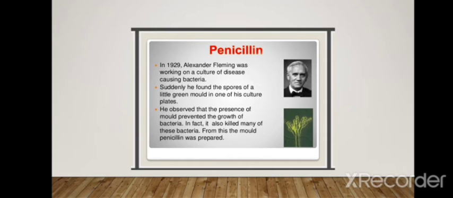Spore means the single-celled organism which has the ability to reproduce. And culture plate is the one in which a scientist performs his experiment. What did he observe? He observed the presence of mold prevented the growth of bacteria. So from the green mold, the penicillin was prepared.